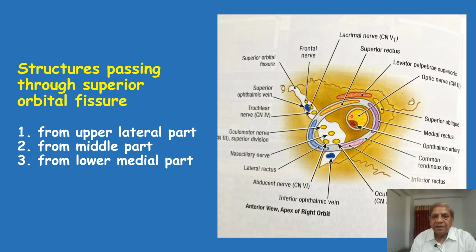You tell that this is the opening of the optic canal in the orbit which is enclosed by this fibrotendinous ring, and the structure passing into the orbit is the ophthalmic artery, and the optic nerve is going from the orbit towards the middle cranial fossa because it is a prolongation of the retina.